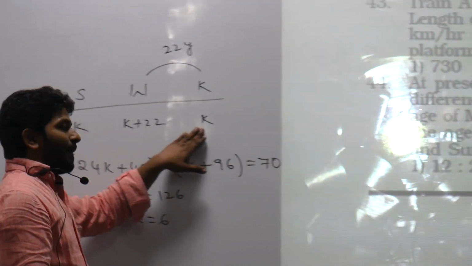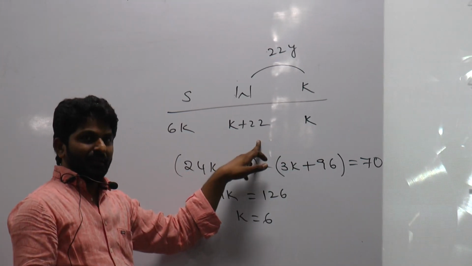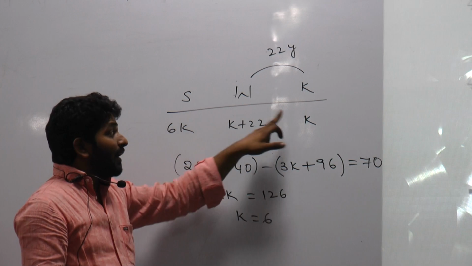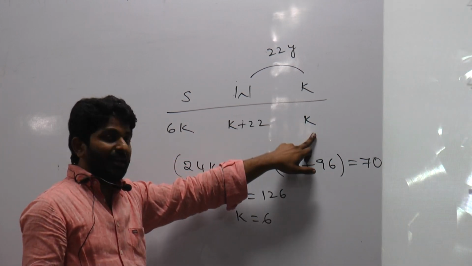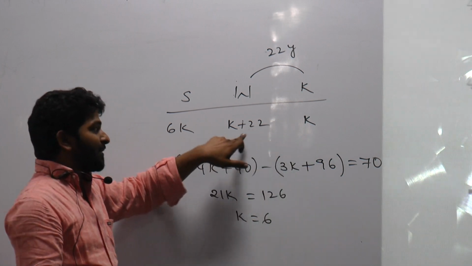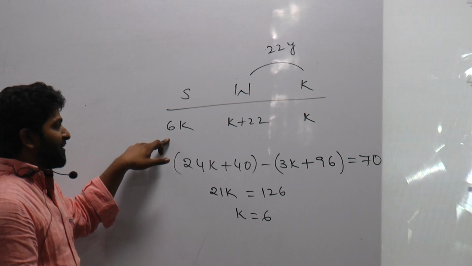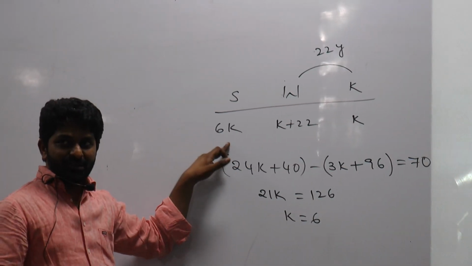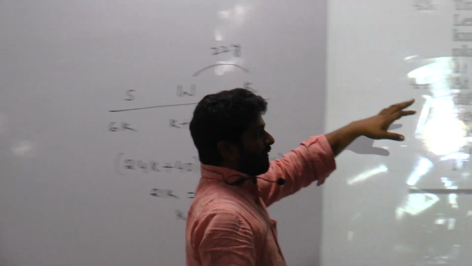Let's start with Kia, because you know the difference between Kia's age and Kia's mother's age, which is 22. Let it be K. Mother's age becomes K plus 22. And in the last statement they said Sumer's age is 6 times of Kia's age, which is 6K. And before that you have one more statement. What does this say?